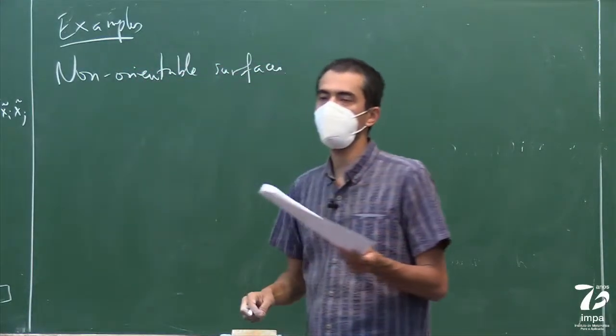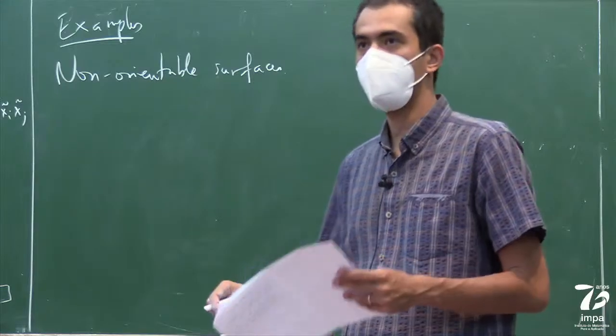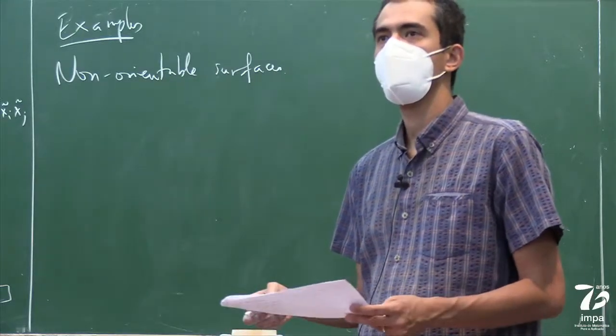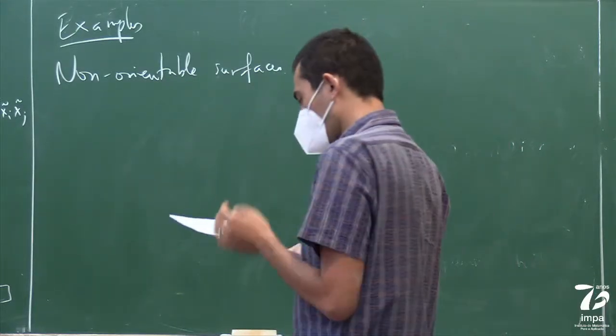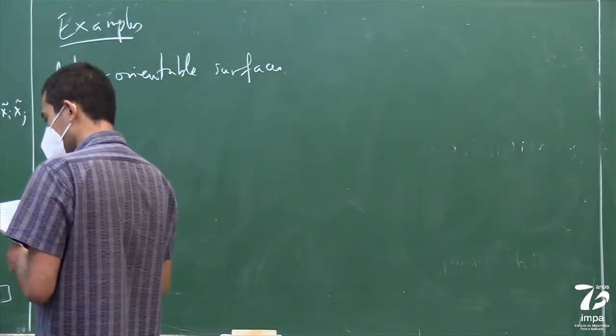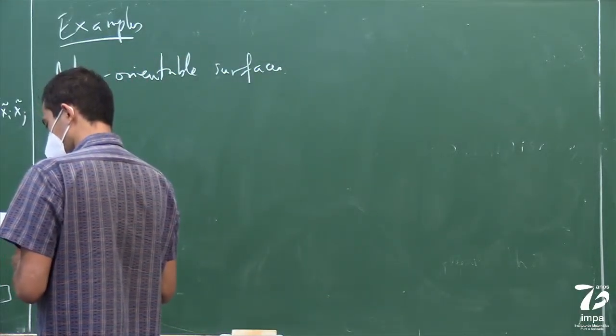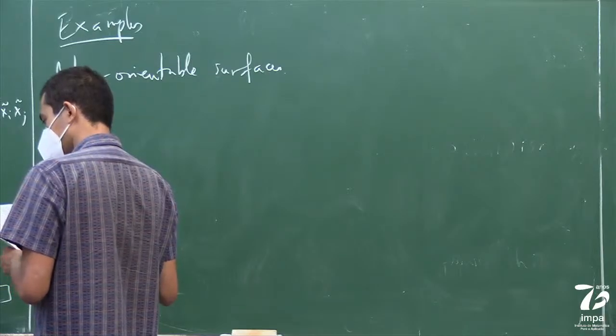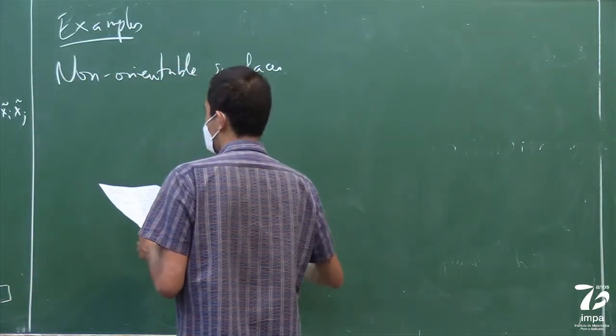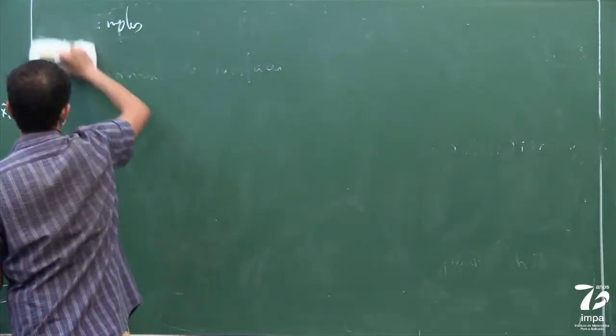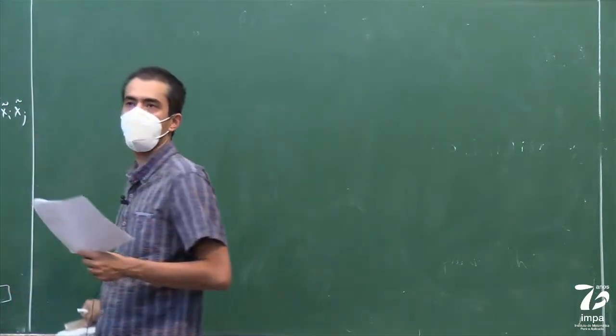As you know, non-orientable surfaces are not very easy to embed into R3. Sorry, I'm going to do the examples later. I'm going to do the examples in the next lecture.